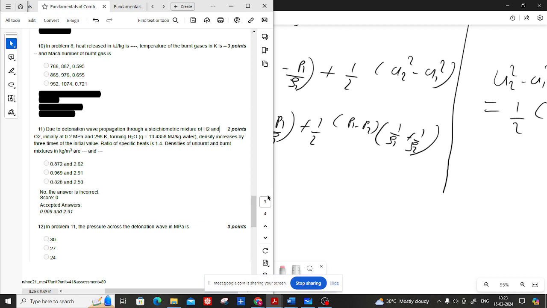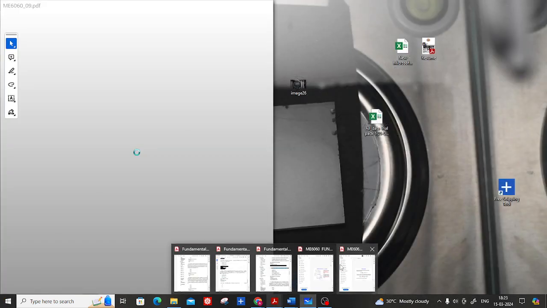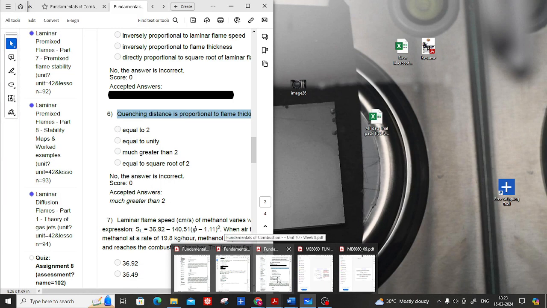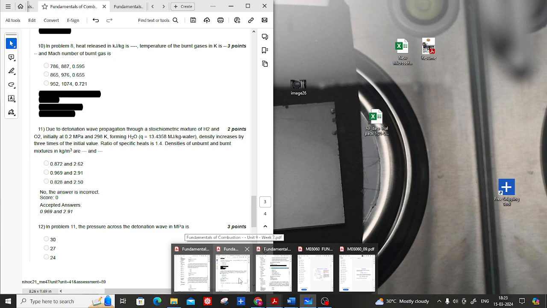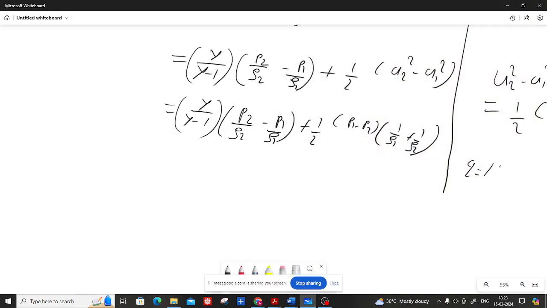Q is equal to 13.4358 megajoule per kg of water.